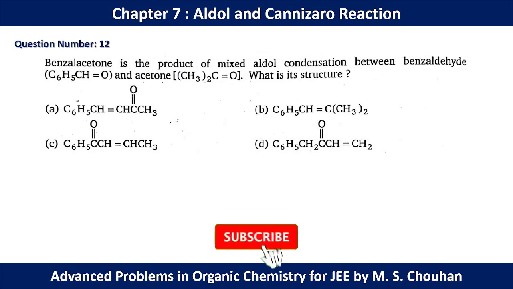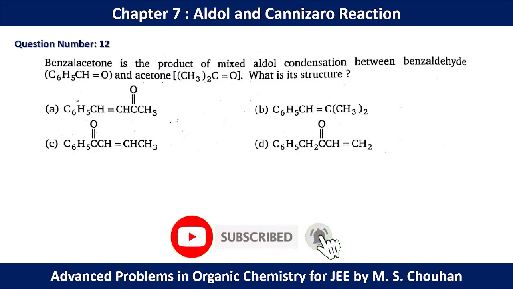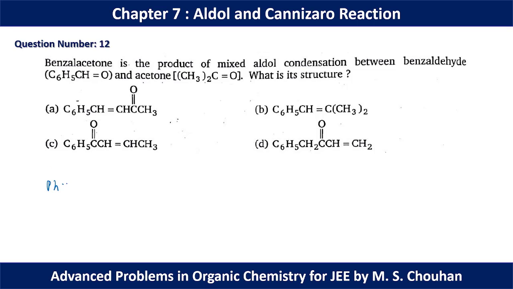In 12, benzalacetone is the product of mixed aldol condensation between benzaldehyde and acetone. So if we have benzaldehyde and acetone in basic medium, initially we have CH3 group in which we have alpha hydrogen.